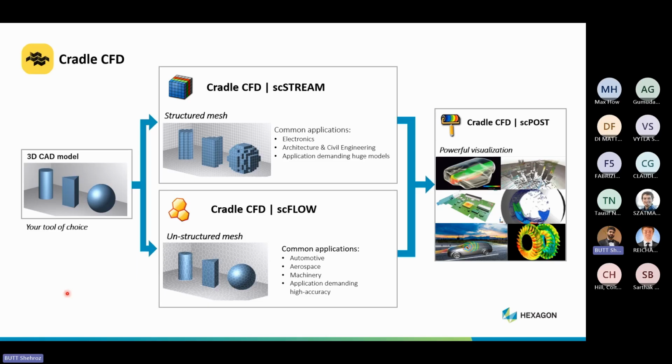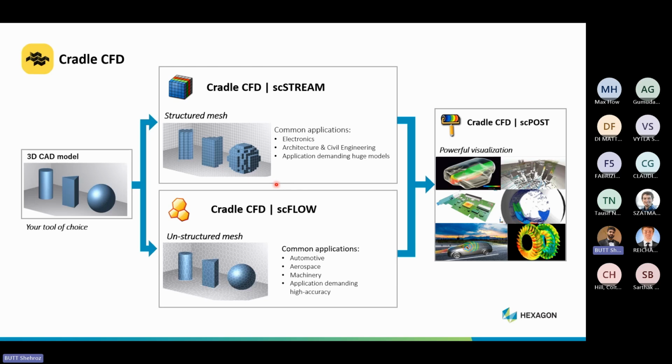SS3 makes use of a structured Cartesian mesh, and the priority is to create a fast and simple-to-use simulation. Typical applications include electronics, architecture, and civil engineering. Overall, SS3 is a very excellent product if you're dealing with a model with hundreds or even thousands of different parts.